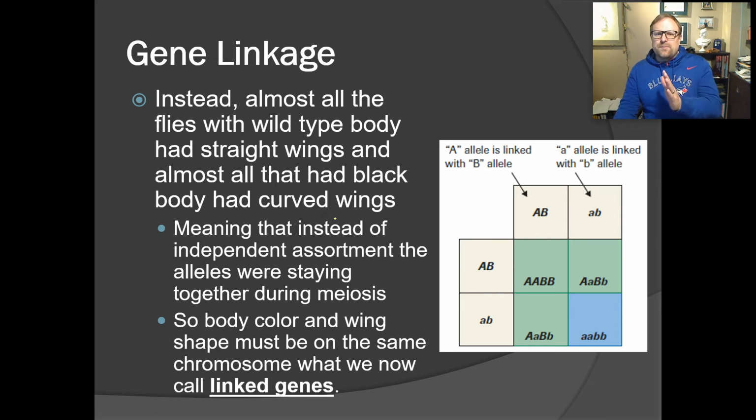We expected something different, we got something else. What this led Morgan to believe is that these two alleles were on the same chromosome, meaning that it was difficult for them to be separated during meiosis. If they were on separate chromosomes, there would have been randomness assigned to that, and we would have got what we expected.